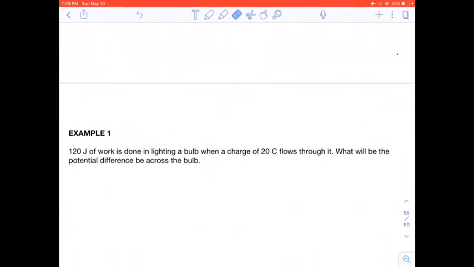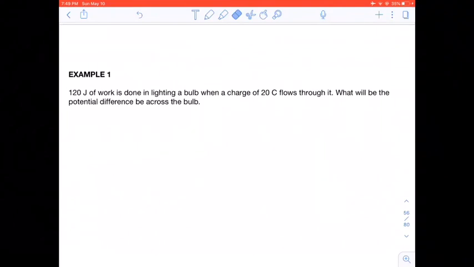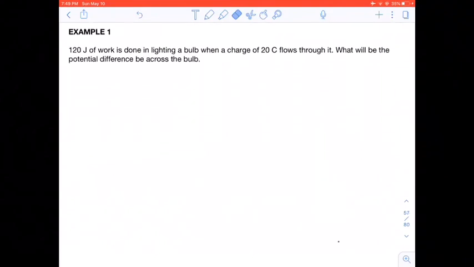Right, now let's look at this. 120 joules of work is done in lighting a bulb, and a charge of 20 coulombs flows through it. What will the potential difference be across the bulb?